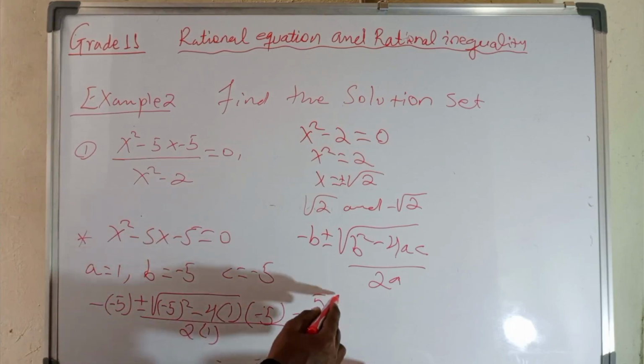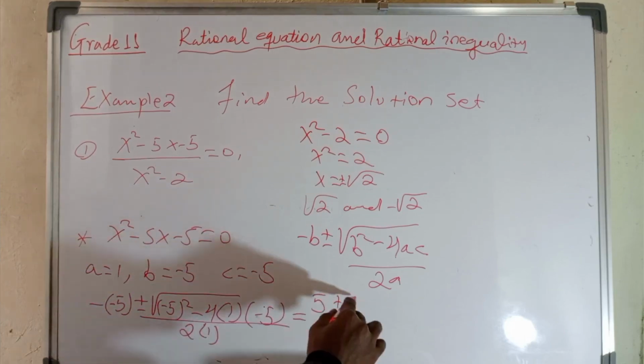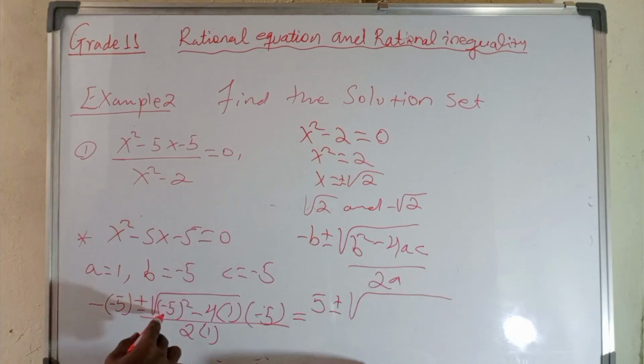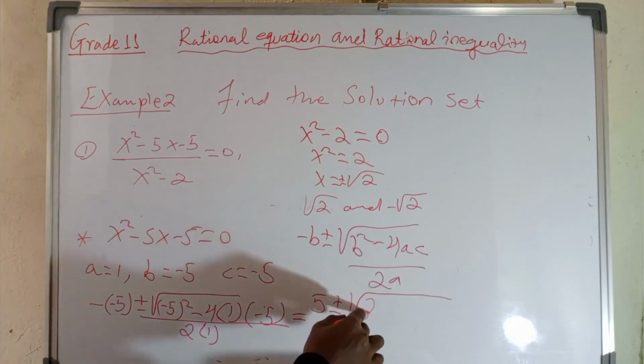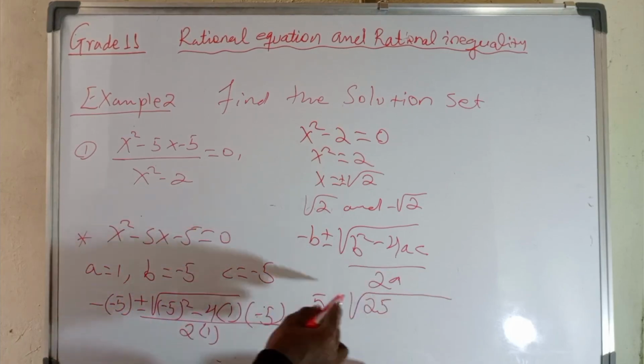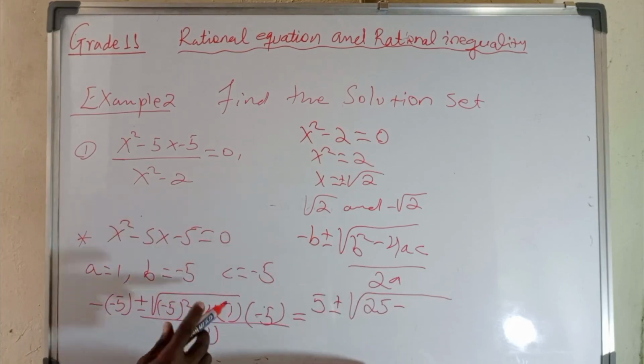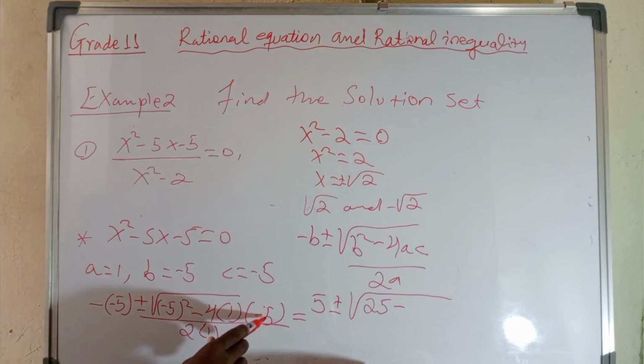Yes, plus or minus the square root of negative 5 squared, 25, minus 4 times 1 times negative 5. How much?